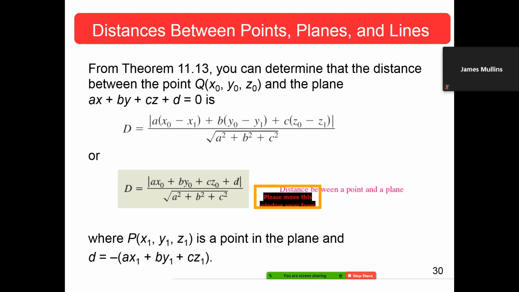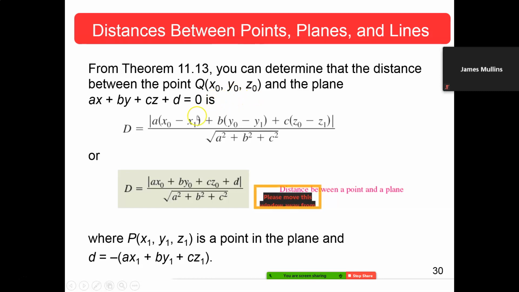Those give you the components of the normal vector of that plane. Okay, so then it would be A times x0 minus x1. Now, they haven't said it here. The point P, remember, is on the plane, and that point would be x1, y1, z1.